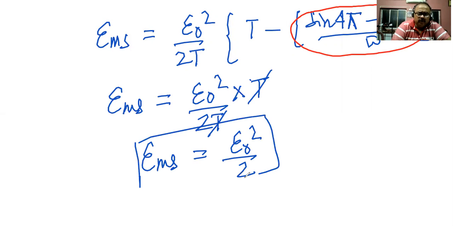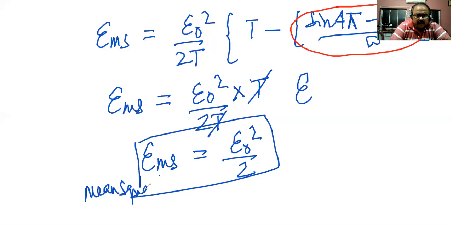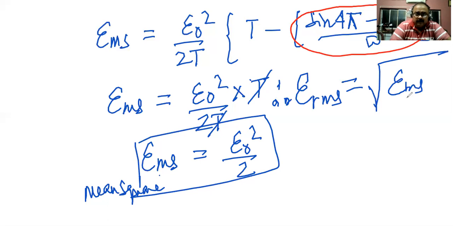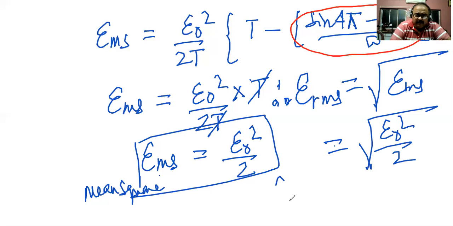MS means mean square and RMS means root mean square, ERMS. Therefore, I can write ERMS will be equal to root over of EMS, that is root over of E naught square by 2. So ERMS will be equal to E naught by root 2.